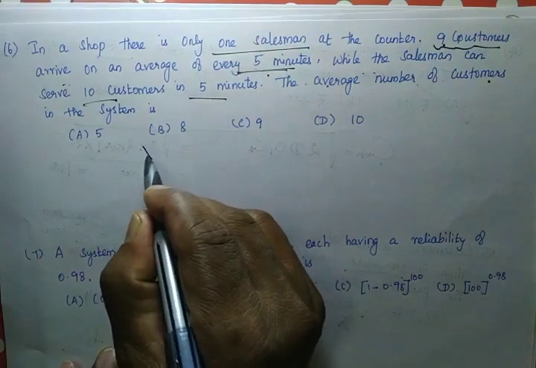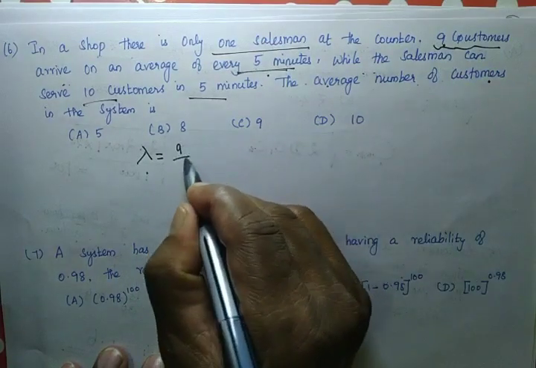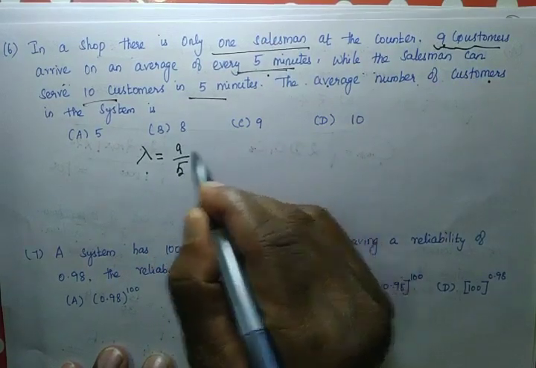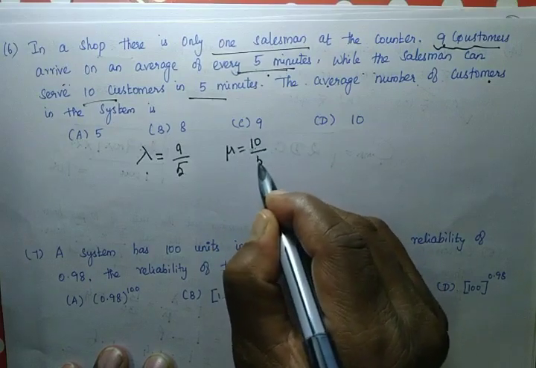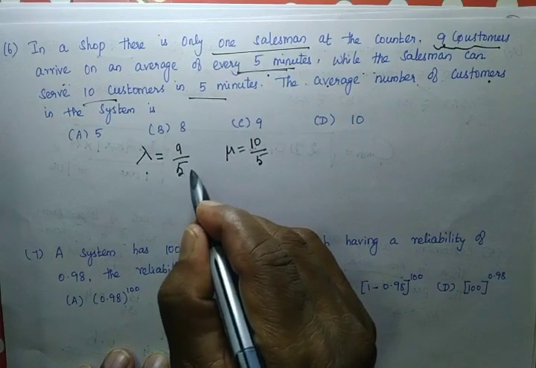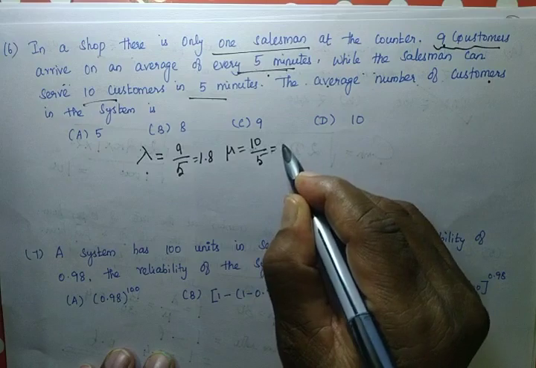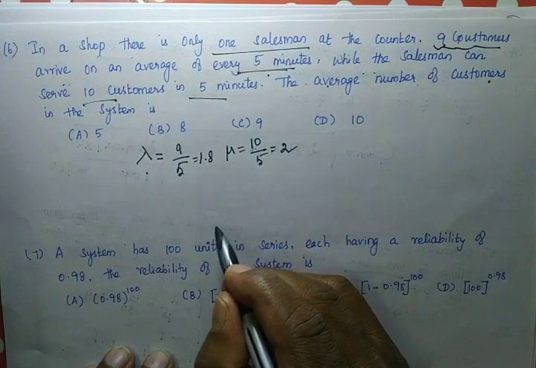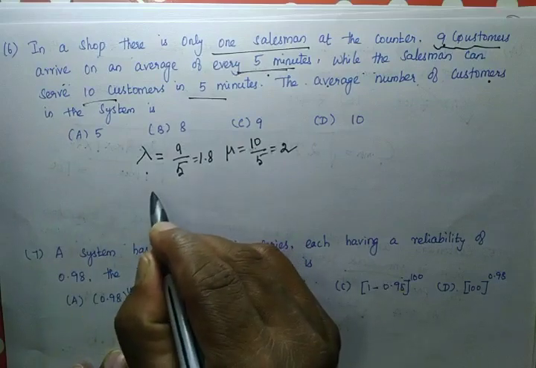First you write the arrival rate lambda: 9 customers in 5 minutes. And the service rate mu: 10 customers in 5 minutes. So 9 by 5 is 1.8, and 10 by 5 is 2.